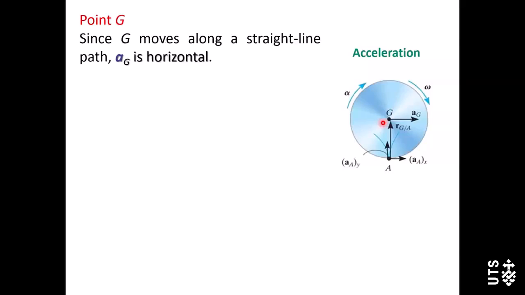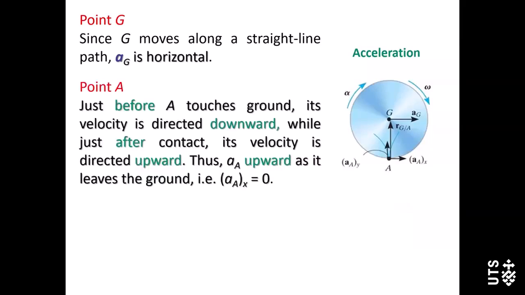We only have a non-zero x component of AG, that's AGX. And how about point A, AA? For point A, AAX, the x component of AA, must be 0. We only have a non-zero AAY.